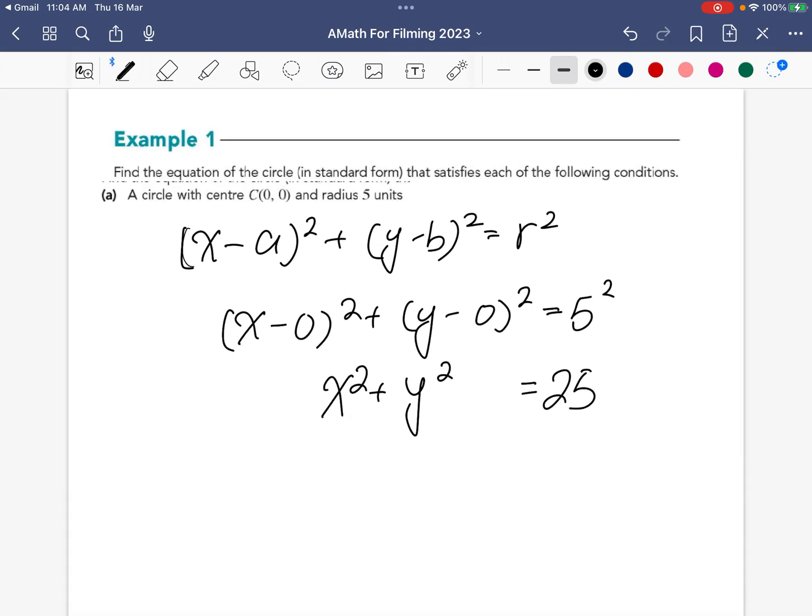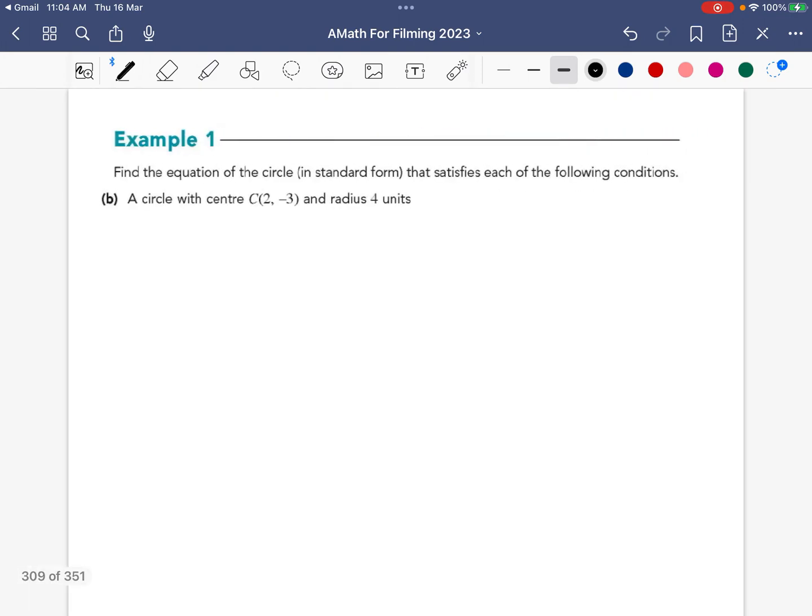That's quite simple. Now for b, a circle with a center (2, negative 3) and radius 4 units. Once again, (x minus a) squared plus (y minus b) squared equals r squared.